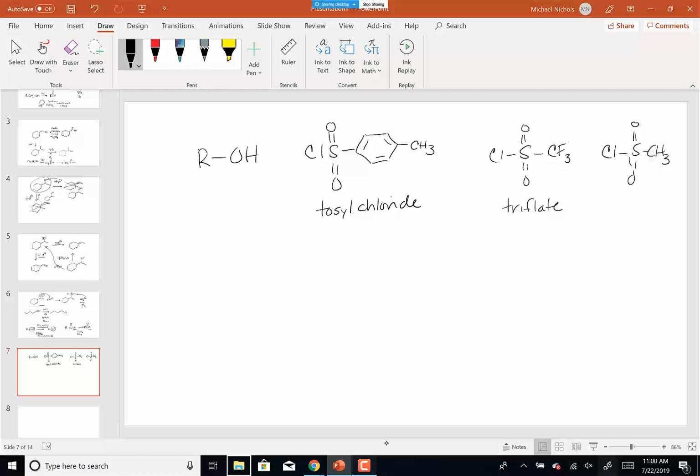You react the tosyl chloride with an alcohol, you eliminate HCl, and you make what's called a tosylate ester.